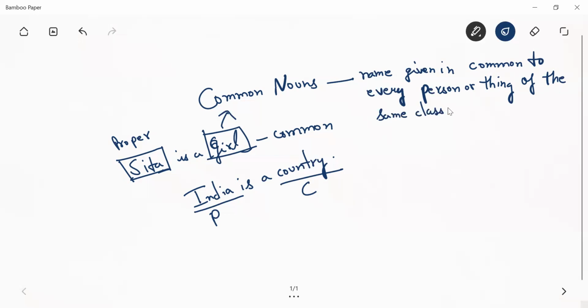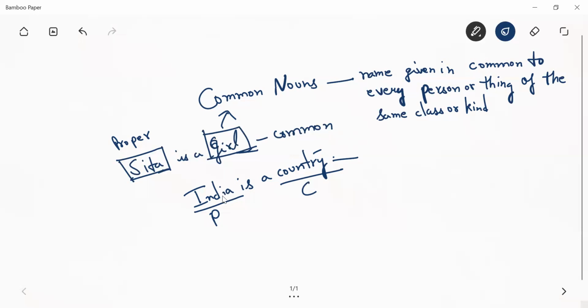You understand the meaning of the same class or kind? Girl, same class. Country: there can be many countries other than India. Country is common because when we talk about many other countries and take the specific name, that becomes a proper noun. But if we just say country, it is a common noun.